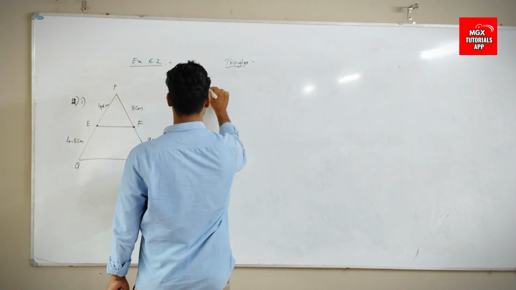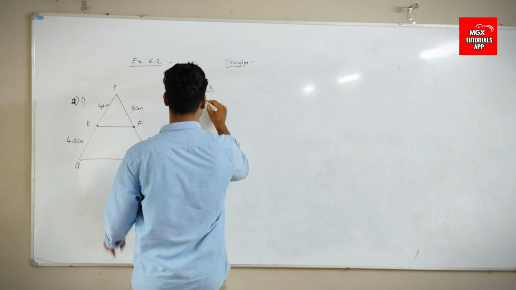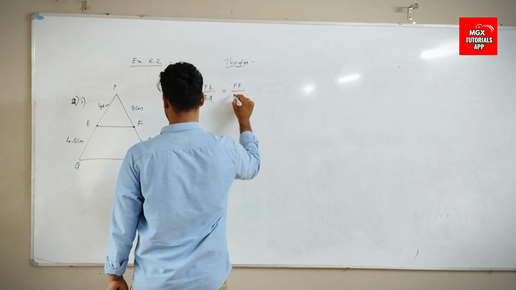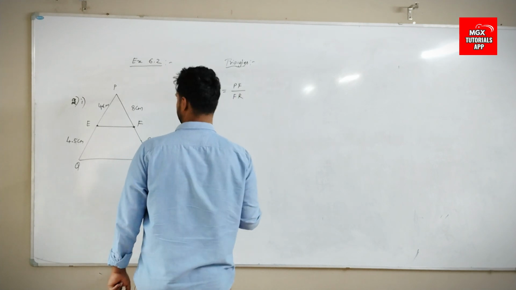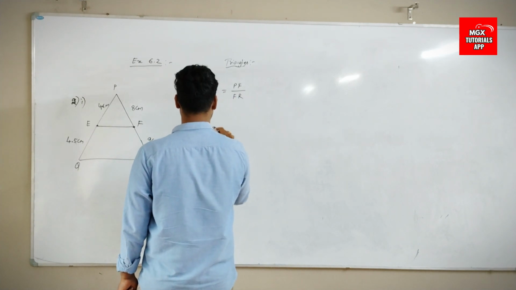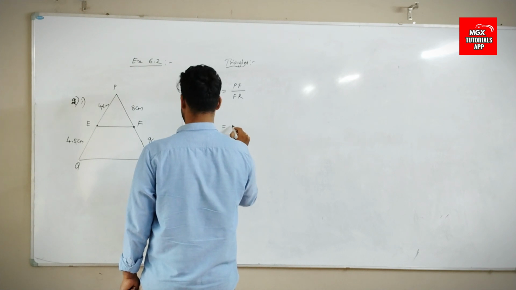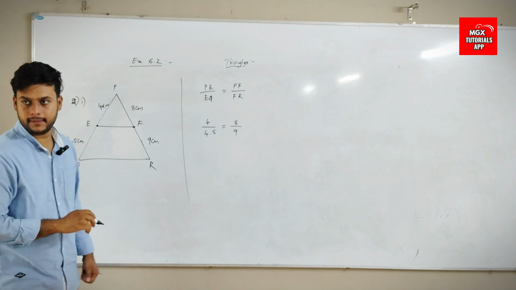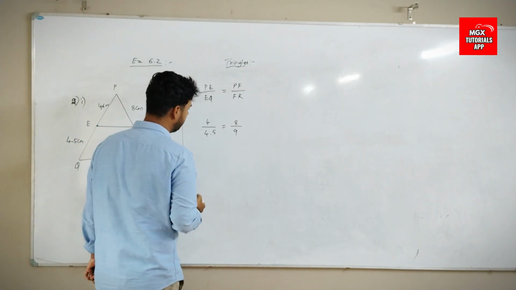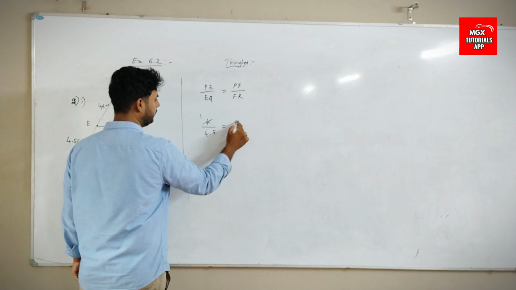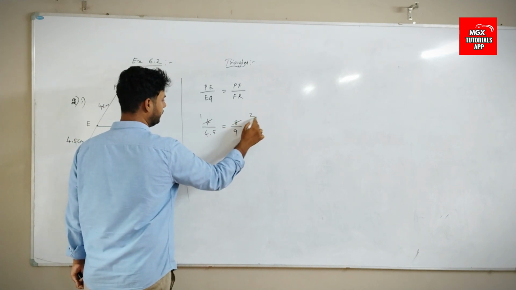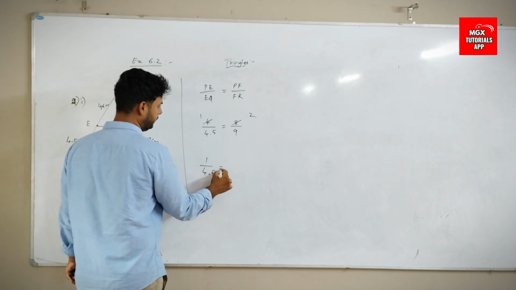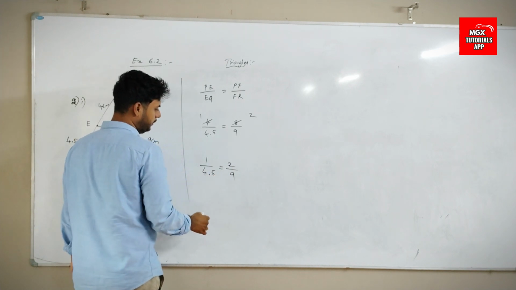So completed, check it. PE by EQ is equal to PF by FR. PE is 4 by 4.5, and 8 by 9. Correct? So can we simplify? 4 ones are 4, 4 twos are 8, so 1 by 4.5 is equal to 2 by 9.